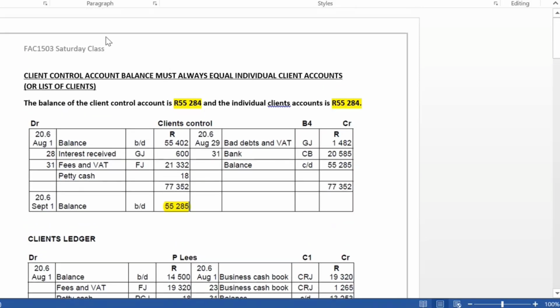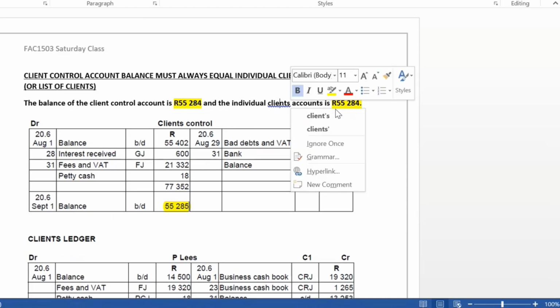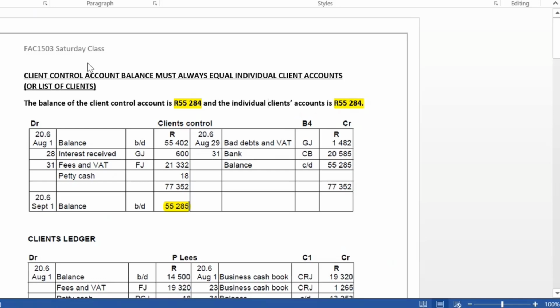I just want to show you what the client control is, and the client control has individual client accounts. Basically, the client control account balance must always equal the list of individual client accounts.